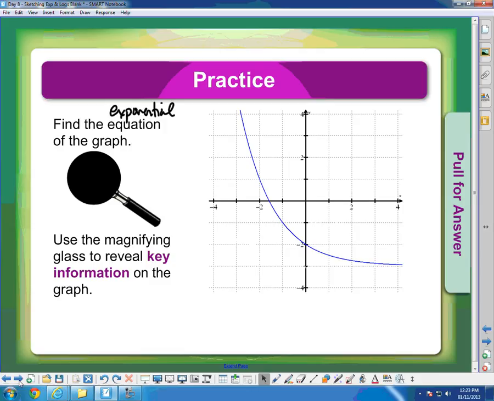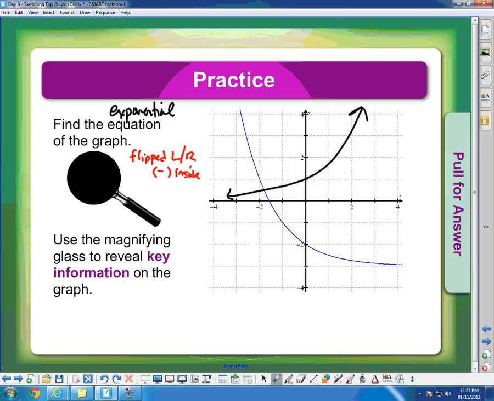So the first thing I'm going to notice is my exponential curve usually goes like this. And this blue one has been flipped. So I'm going to notice right away that it's flipped left, right. So that means within the function, I'm going to put a negative inside the function.